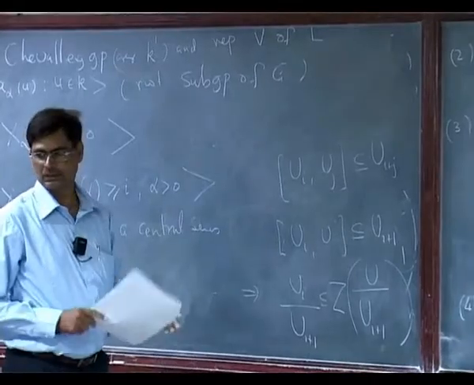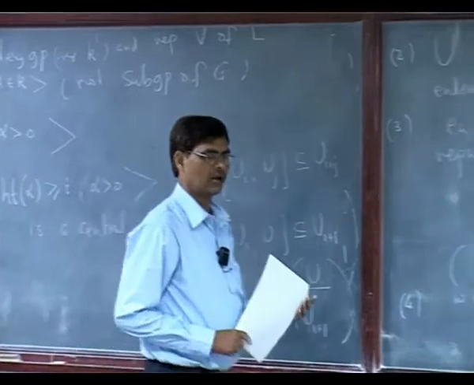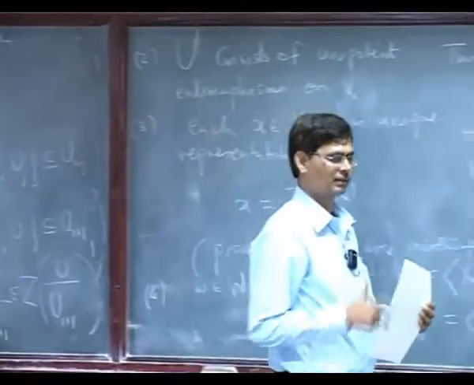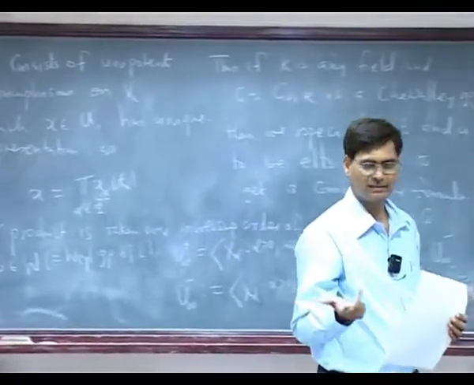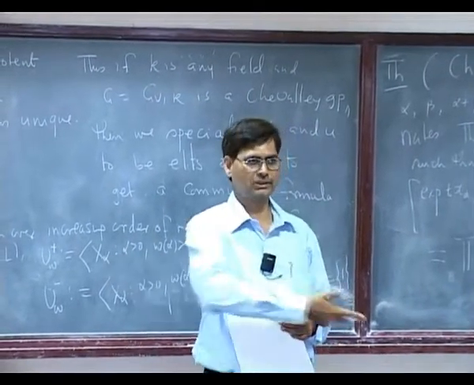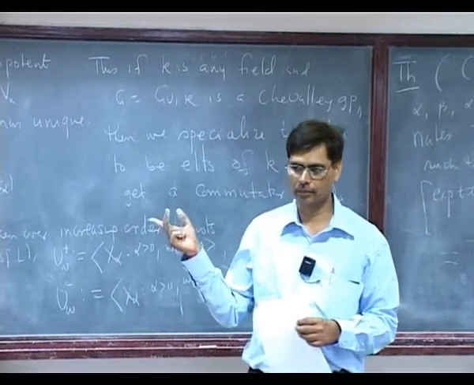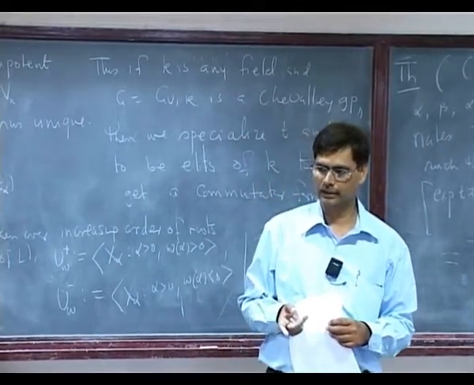Therefore, it is a central series, and since the height is finite, at one stage the subgroup u_i is going to be trivial. So, therefore, the group is nilpotent, right.